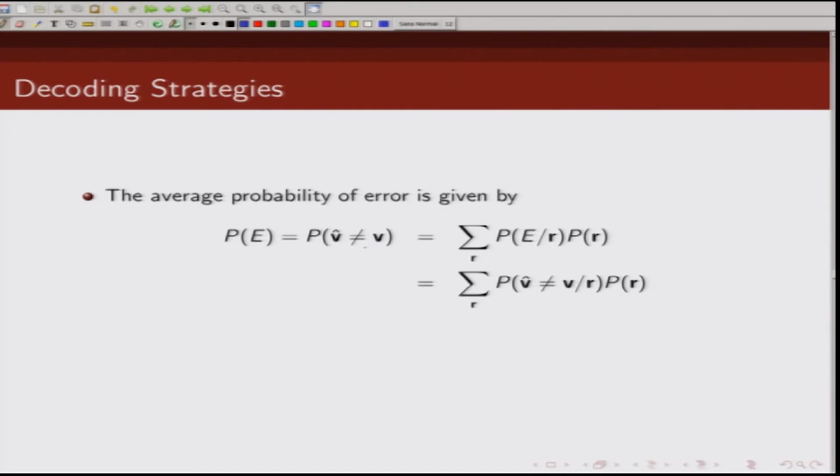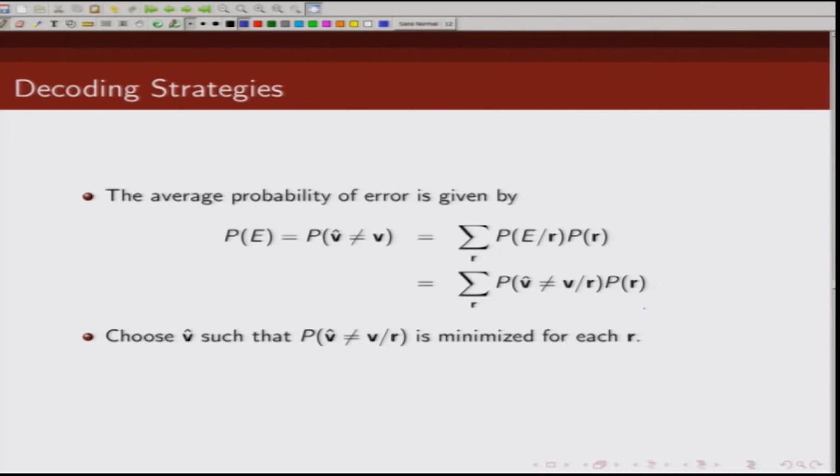So, this can be written as the probability of error given R, multiplied by the probability of the receive sequence R, summed over all possible receive sequences. And error is nothing but when V is not the same as V hat. So, I can write this equation in this particular form. If I want to minimize the probability of error, I will have to minimize this.